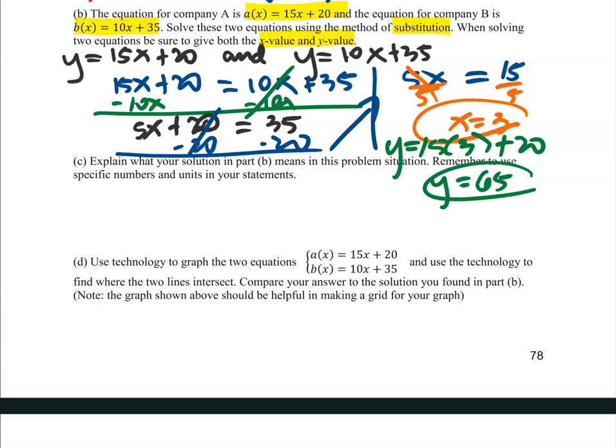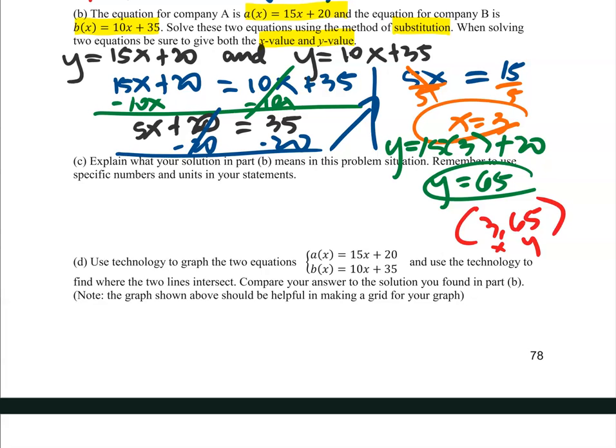So these are the x and the y values. So (3, 65). This is your x and this is your y.